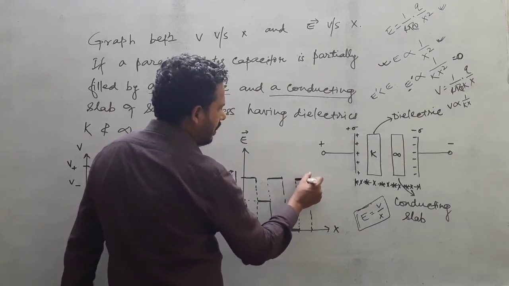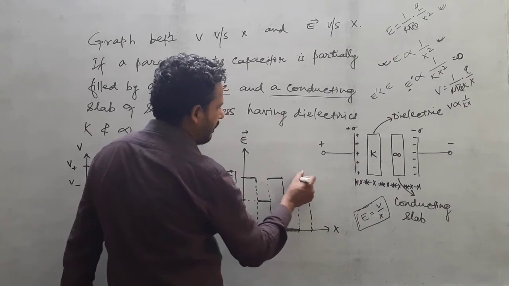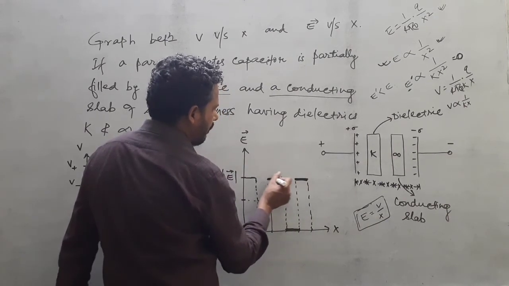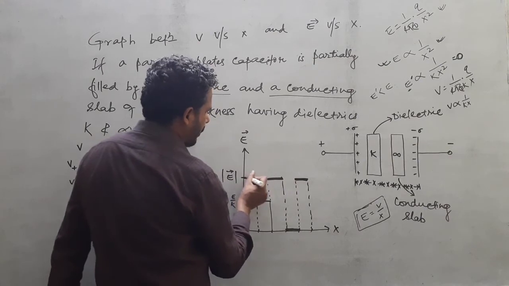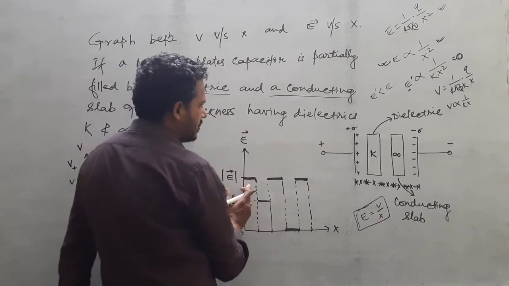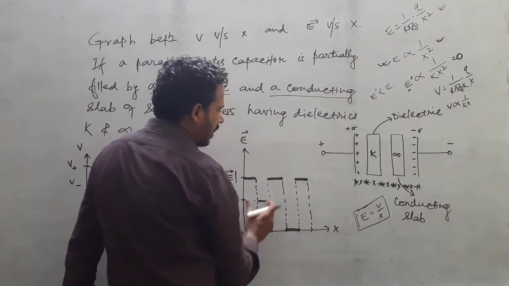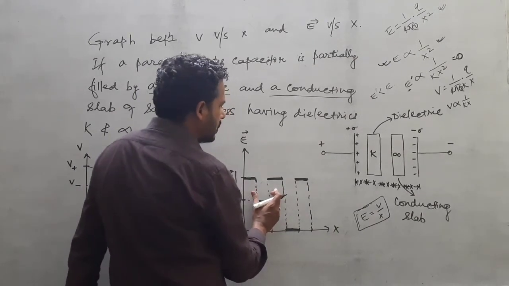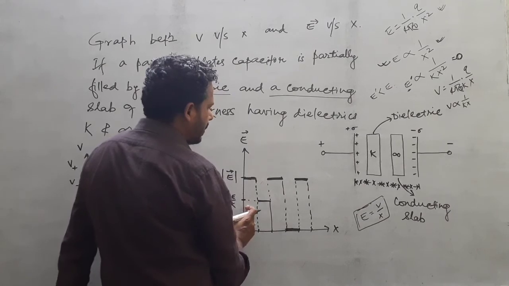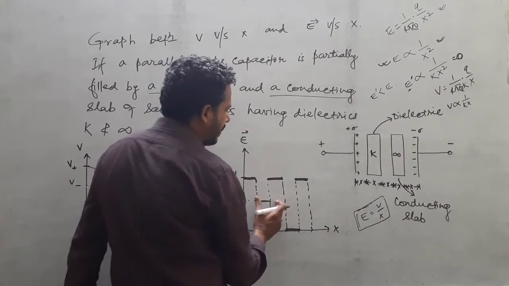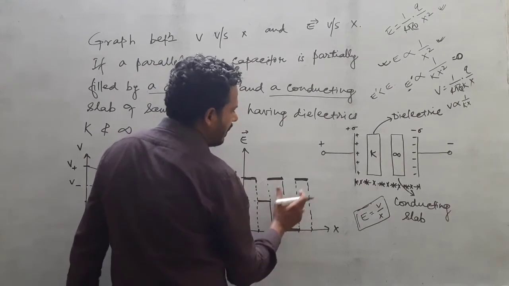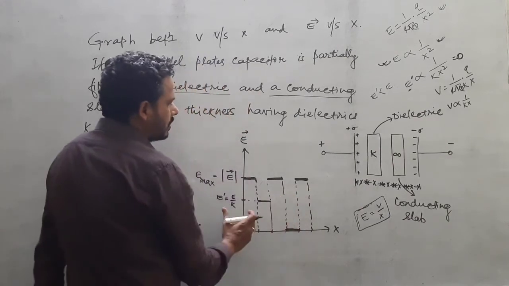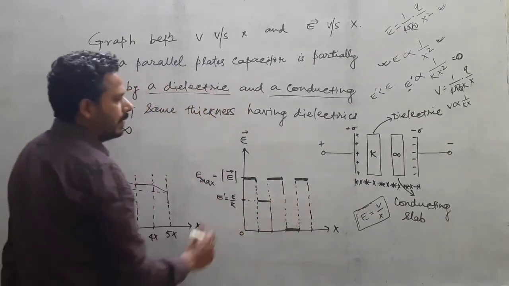So you can see how this is going to vary in this graph, about your field lines in free space and dielectric, again in free space, in dielectric, again in free space, in conducting slab, and again in free space. See how this will vary.